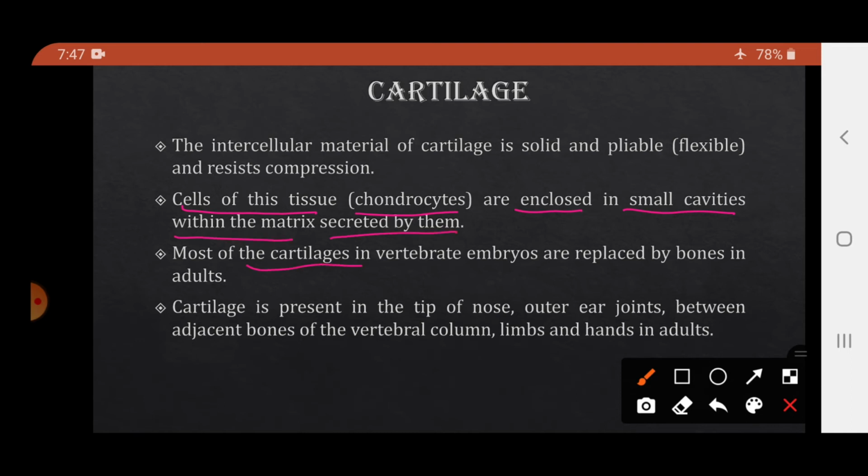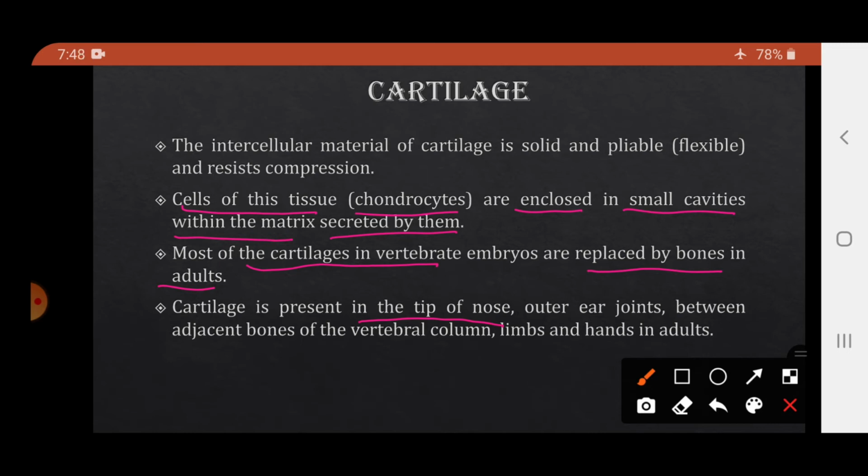Most of the cartilage in vertebrate embryos are replaced by bones in adults. So embryonic condition में mostly cartilage होते हैं जो adult condition में bone से replace हो जाते हैं. Cartilage is present in the tip of the nose. Adults में cartilage present कहाँ पे होता है?